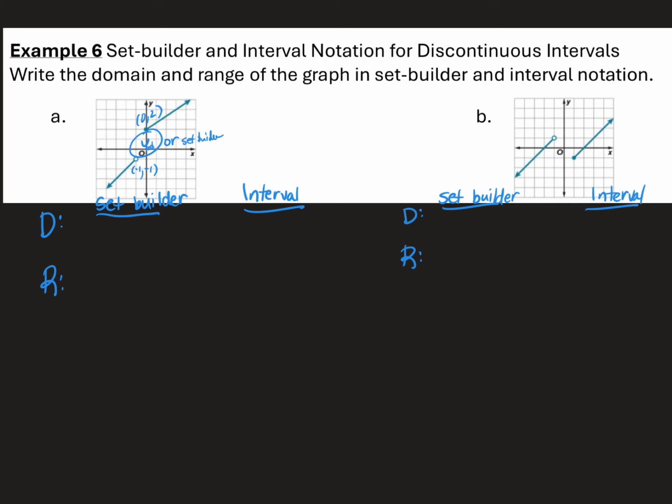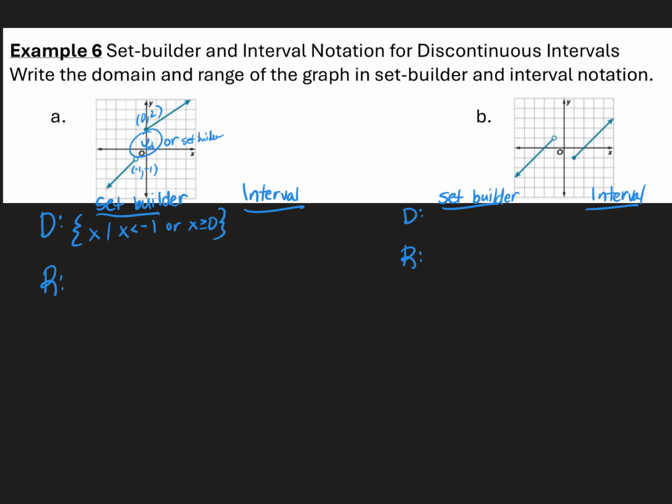So for my domain, x such that x is less than -1, open circle, or x is greater than or equal to 0, because my x's are -1 and 0.